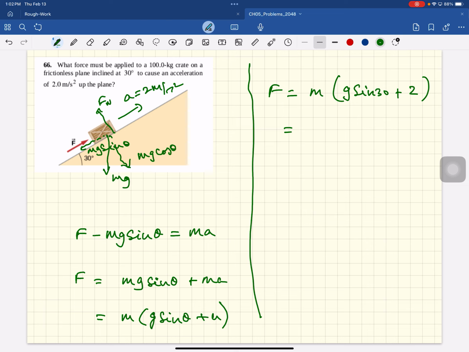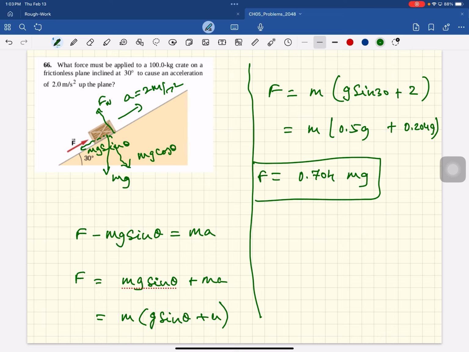You guys can put in numbers. So the force you need to apply is 0.704 mg.